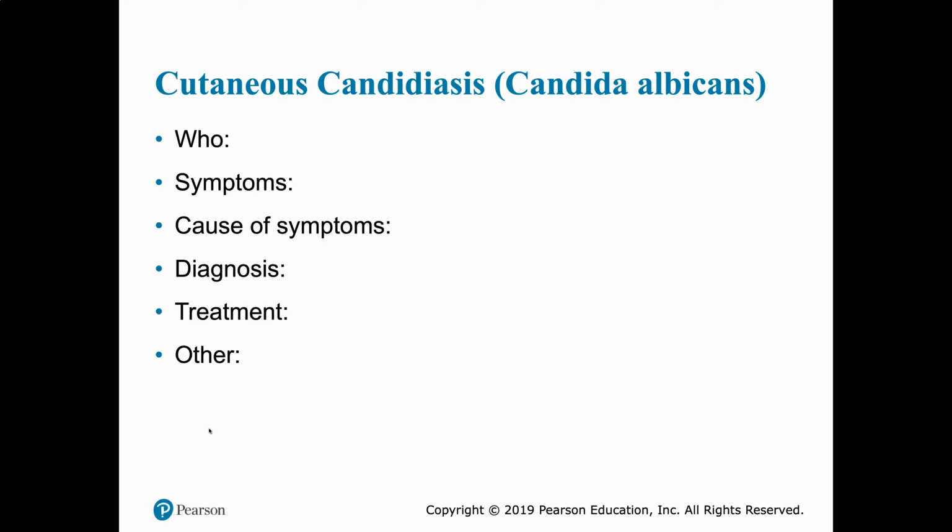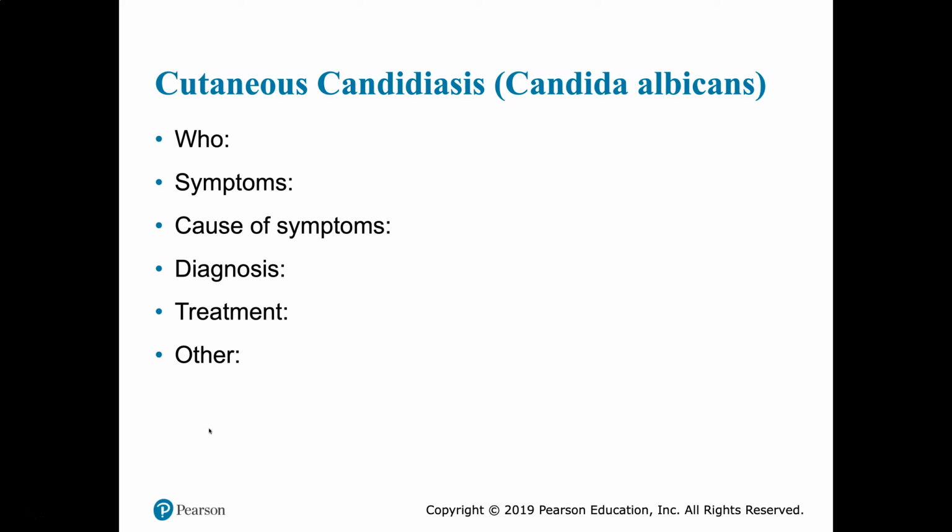The Candida albicans has adhesion factors that allow it to attach and then eventually break down the keratin so it can get into the epidermis and the dermis. If it goes any further, it can go from the epidermis to the dermis. So those are the causes.